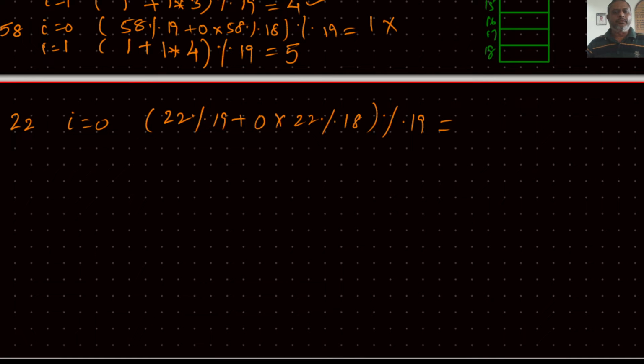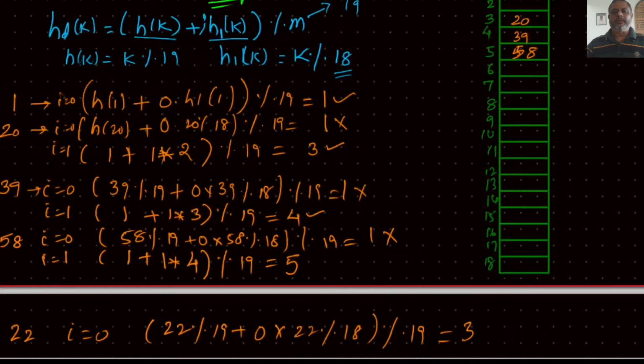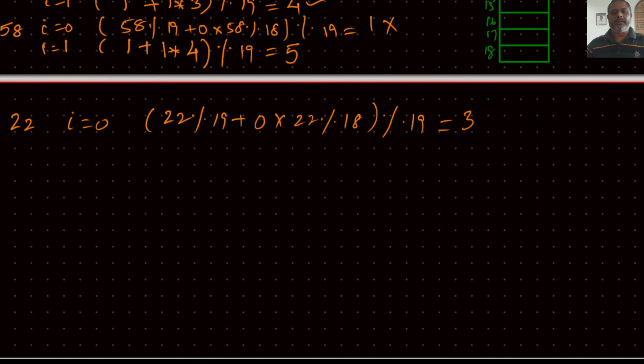So 22 mod 19 is 3 and location 3 is already occupied. Therefore, go for i equal to 1. So 22 mod 19, as we know, is 3, plus 1 times 22 mod 18, which is 4, mod 19.